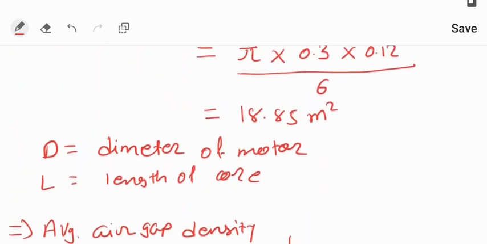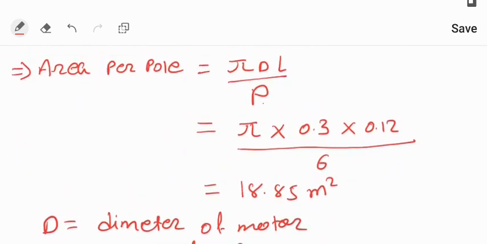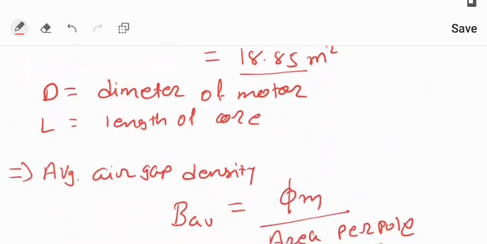Area per pole is 18.85 meter square. After calculating those values, we will get 0.418 Weber per meter square.